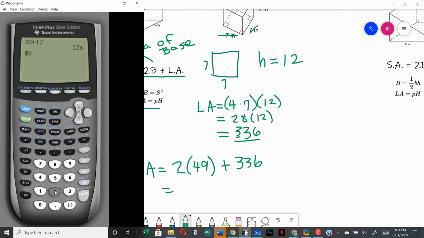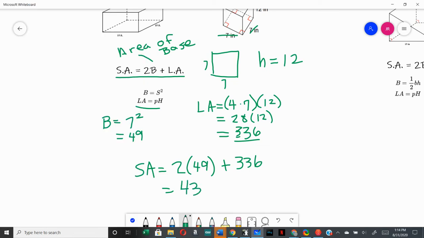So I've got 2 times 49 plus 336. And so my total surface area is 434. Don't forget your units. In my case, it's inches squared because it's area. So that's how you find the surface area and lateral area of a square-based prism.